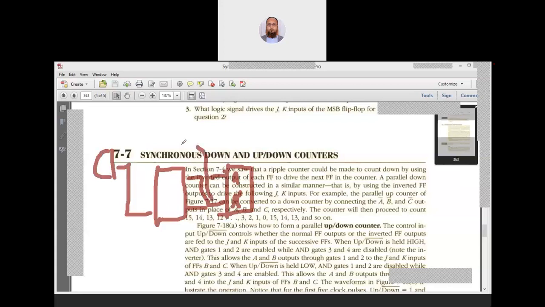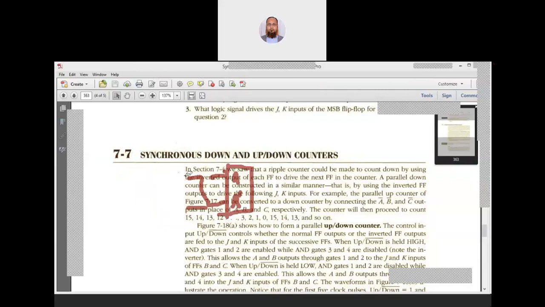This is done like this if you want to make the down counter. So this is how the down counter is constructed.